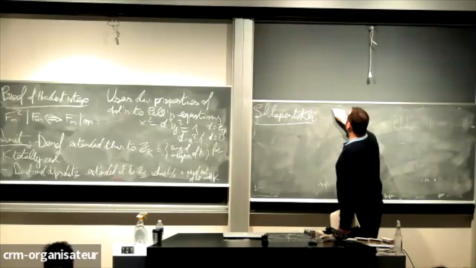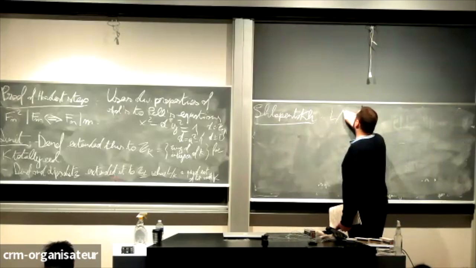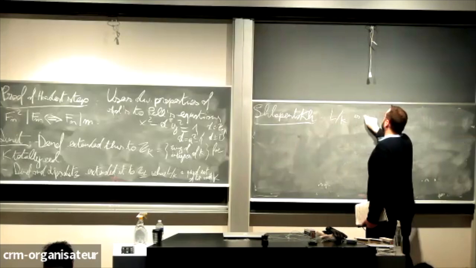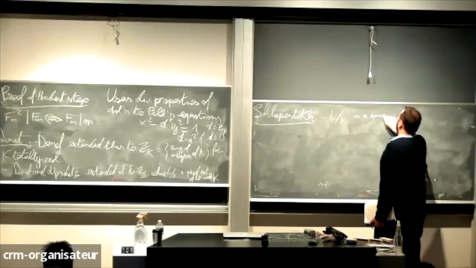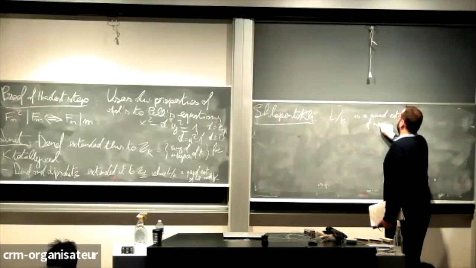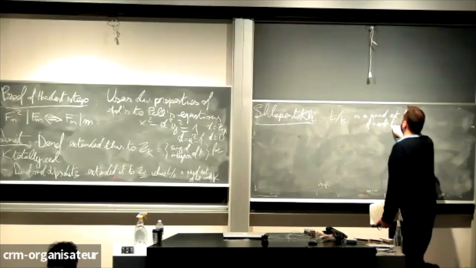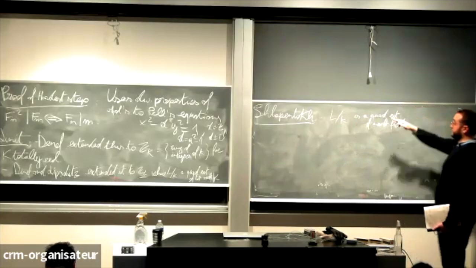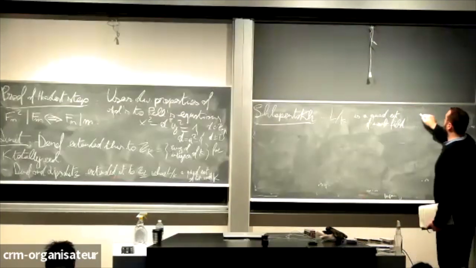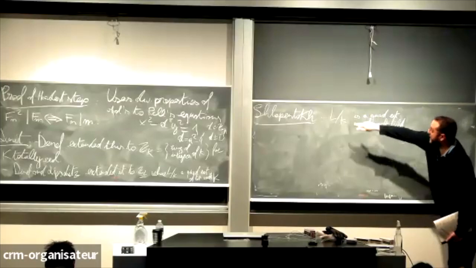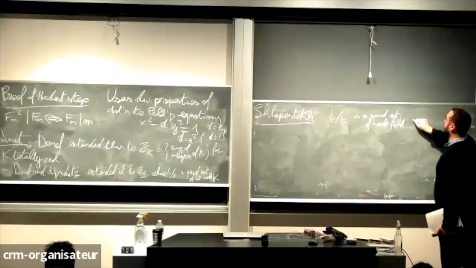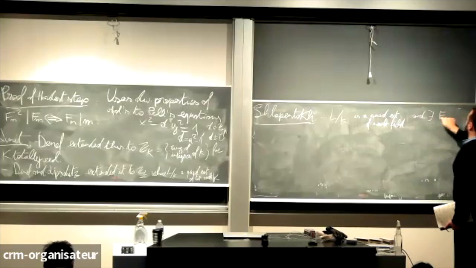She proved that if L over K is a quadratic extension of number fields, where a number field just means a field that is a finite extension of the rational numbers, and quadratic just means that L is K adjoined the root of something, then you can find E over K, an elliptic curve.